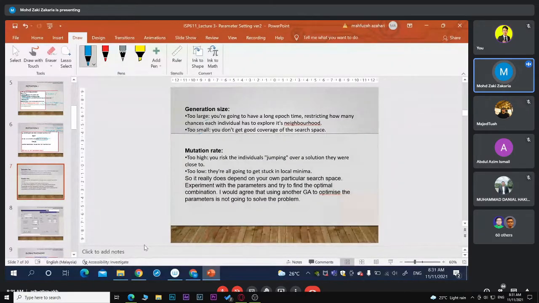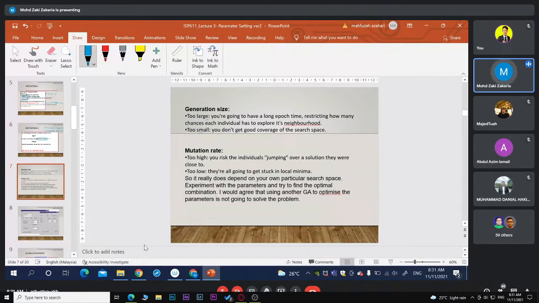Okay, so you are going to have a long epoch time. Epoch time means iteration. The number of iteration means one iteration maybe takes a long time to finish, for a large population. Okay, this is the disadvantage.